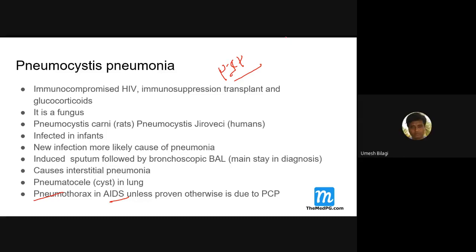PJP, whatever this is, the old term is PCP. Now I want to call it PJP. Because there is a cyst here, and this cyst will burst into the pleural space and cause pneumothorax. I'll show how those cysts look.